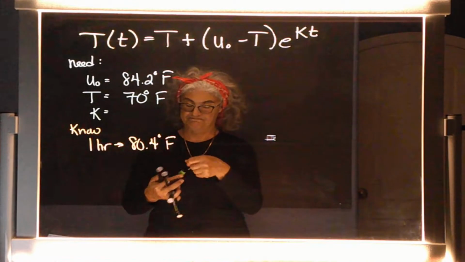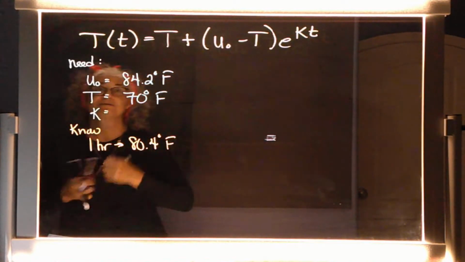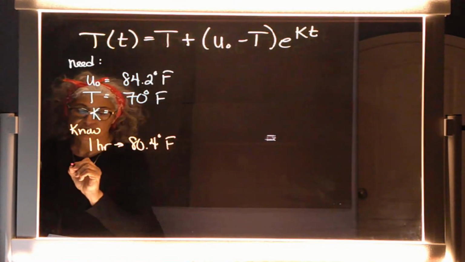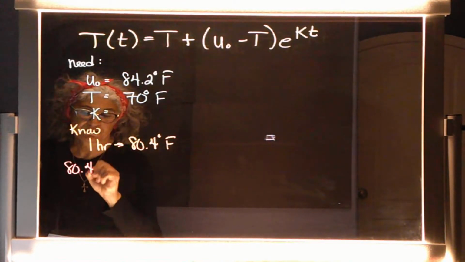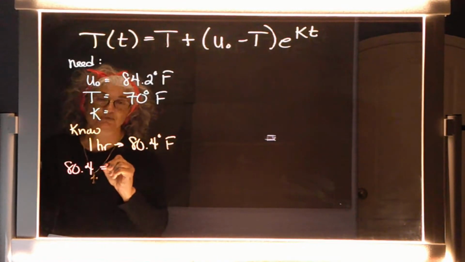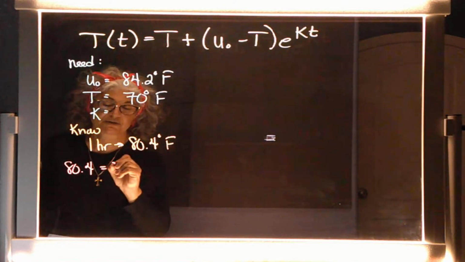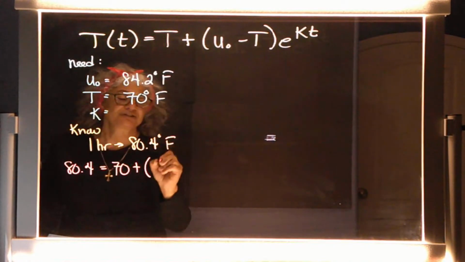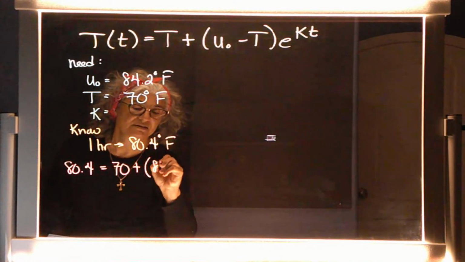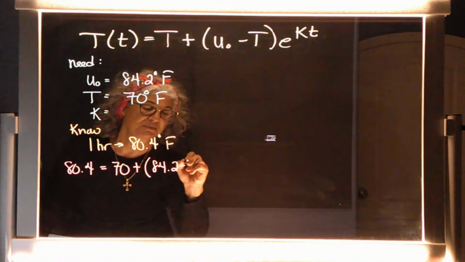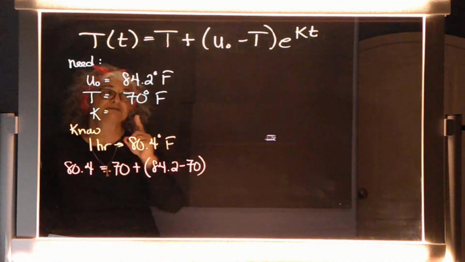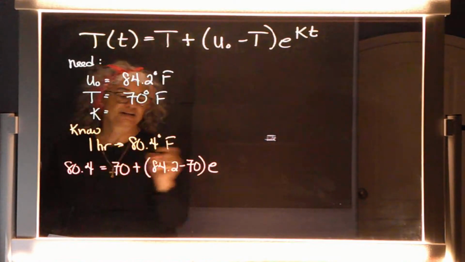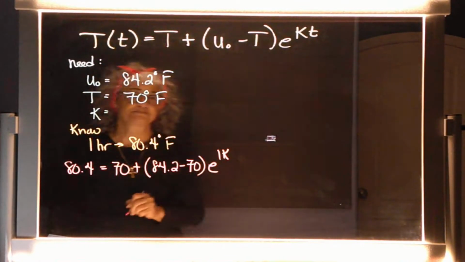Okay, here we go. I know the ending temperature after an hour. So we have 80.4 is equal to the atmosphere temperature of 70 plus the initial temperature in parentheses of 84.2 minus that surrounding temperature, e to the kt. Well, t is 1 hour, so 1k.